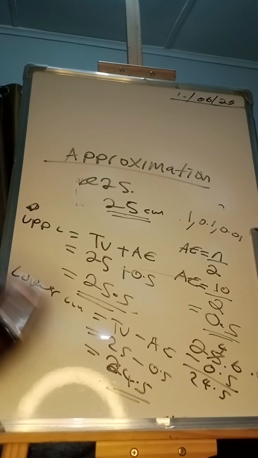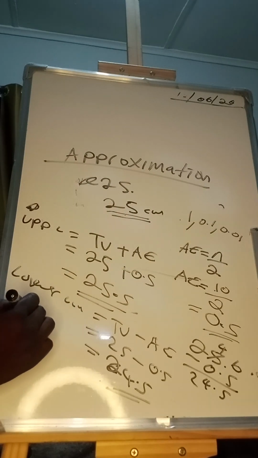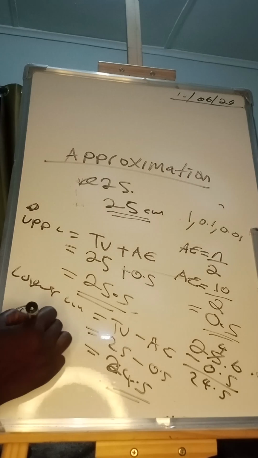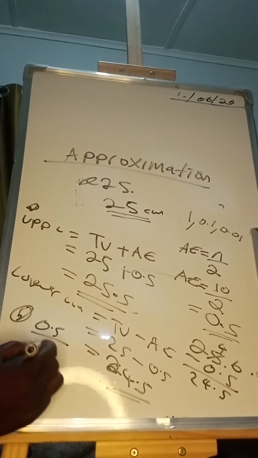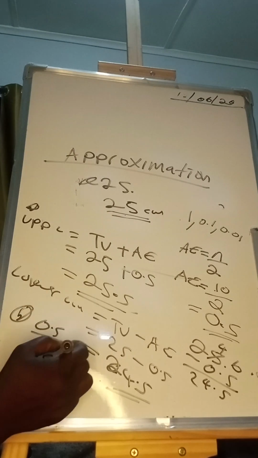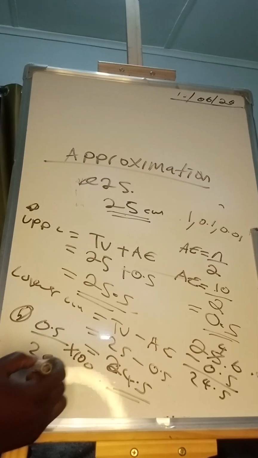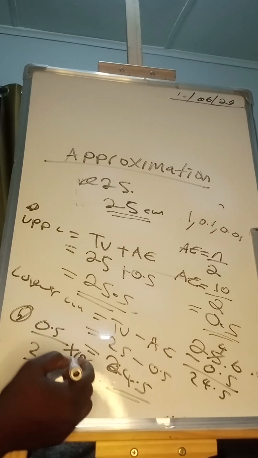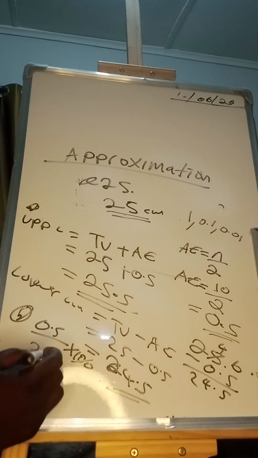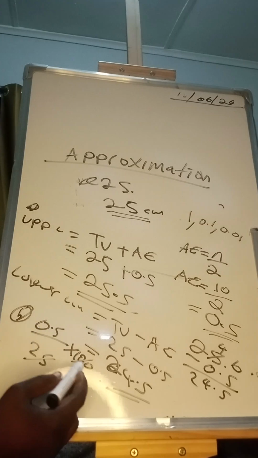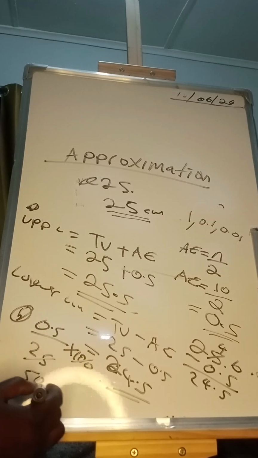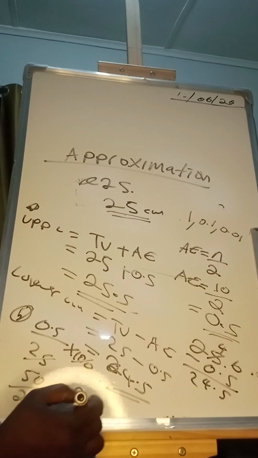Percentage error, you know, absolute error, that is 0.5 over the true value, 25, times 100%. 0.5 times 100 is 50, divided by 25. It will simply give you 2%.